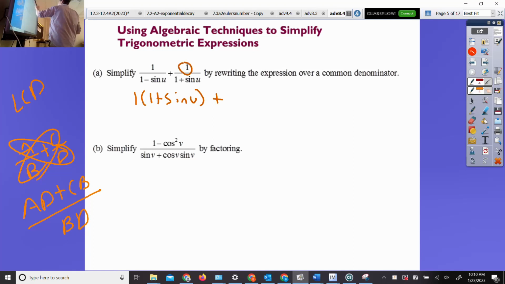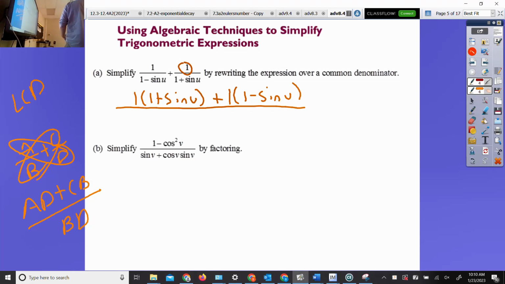Plus, I'm looking at this one, what's it give? 1 minus sine u. And what do I do with the denominator pieces? Multiply them together. And clean the thing up.